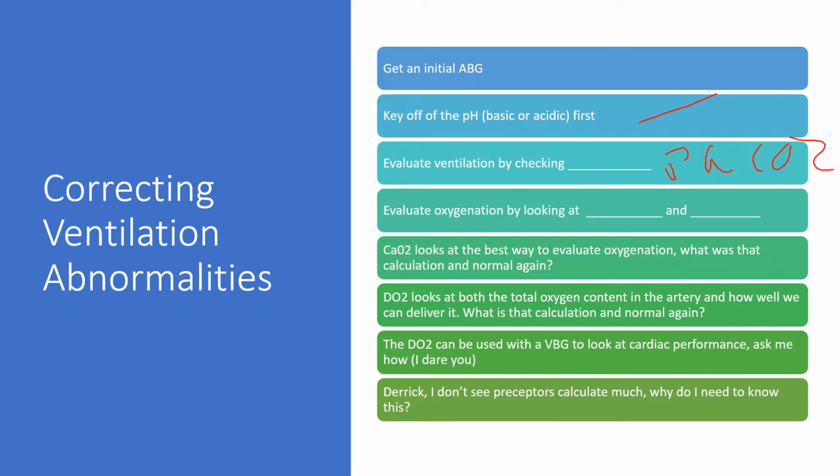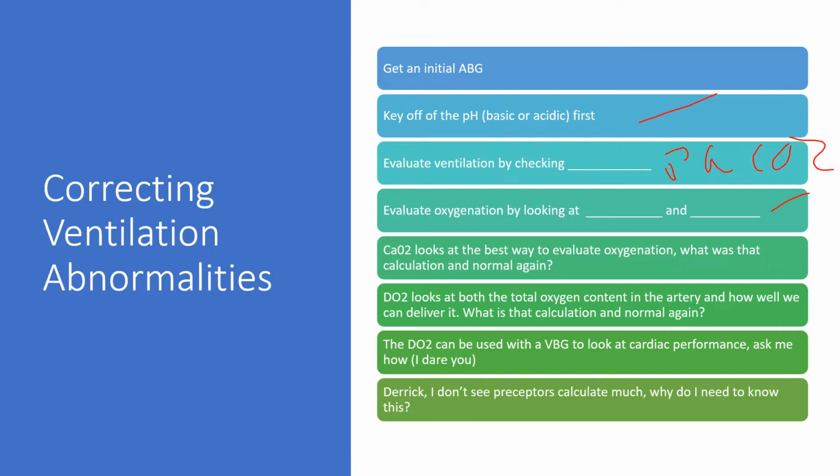And then evaluate oxygenation by looking at saturation, SaO2, and pressure, PaO2. So saturation and PaO2, we'll look at oxygenation on this patient. Saturation tells us how much oxygen is on the hemoglobin, and it does the bulk of the carrying.